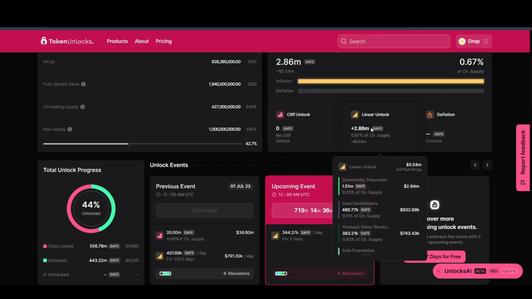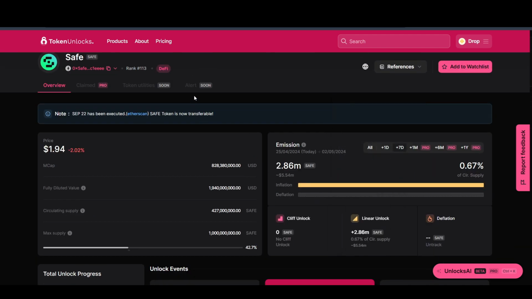As of now the daily release is around 2.86 million. I think that actually matters because as of now strategic investors are getting around 383k Safe coins, which is a lot of sell pressure. We also have core contributors getting around 480k tokens, so I think that is a lot of sell pressure, but still they have planned a lot of reward systems, so I think many people will try to participate in that and get rewards.